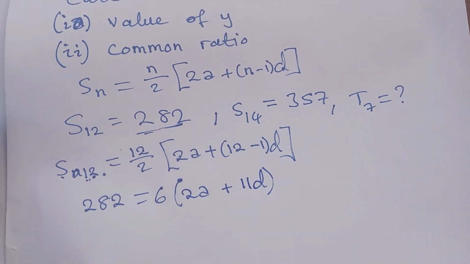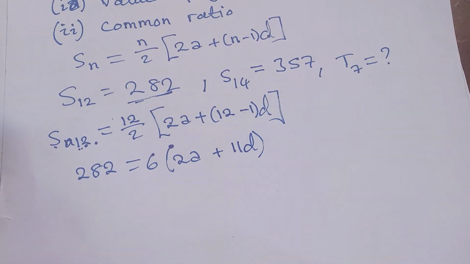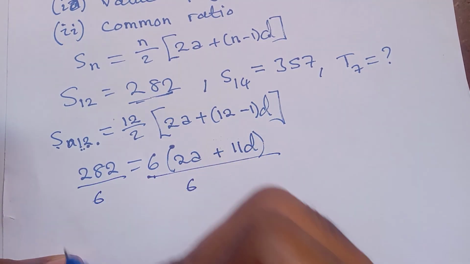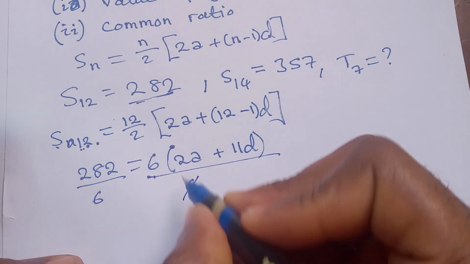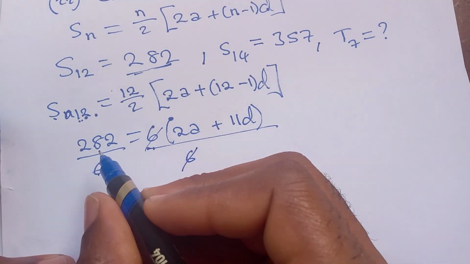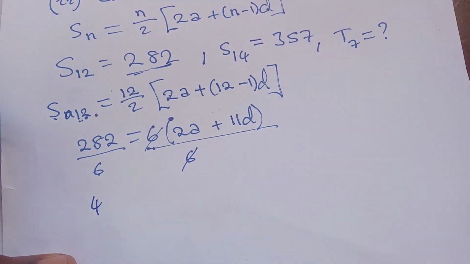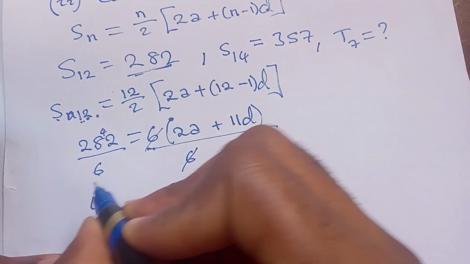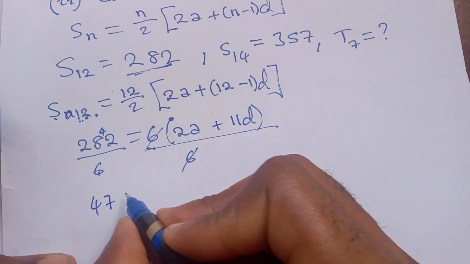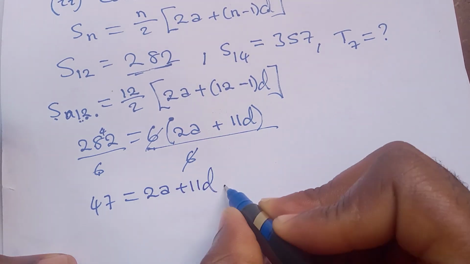And then I think 6 can go into this, so I'll reduce my equation by dividing both sides by 6, just to make it easier for me. So 6 into 28, I think 6 can go into 24, 4 times, remainder 4. Then 6 into 42, that's 7. And then this is equal to 2a plus 11d.